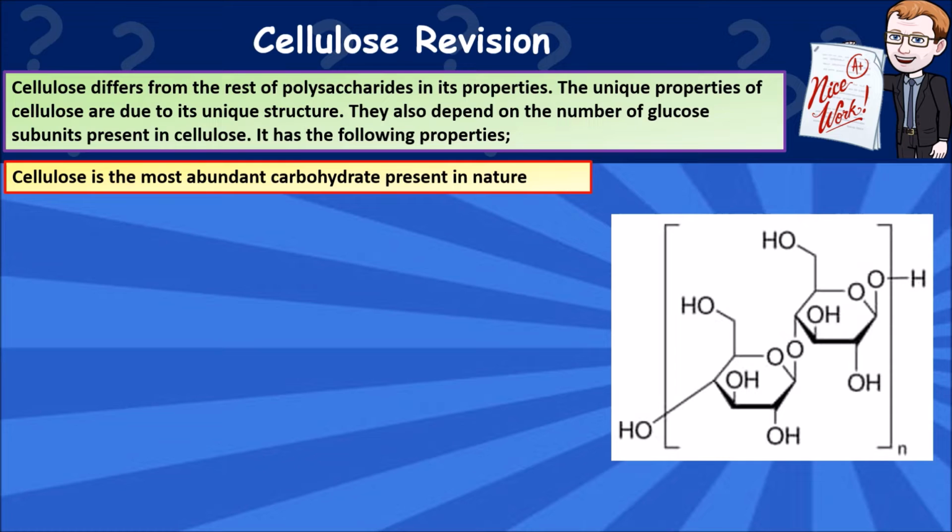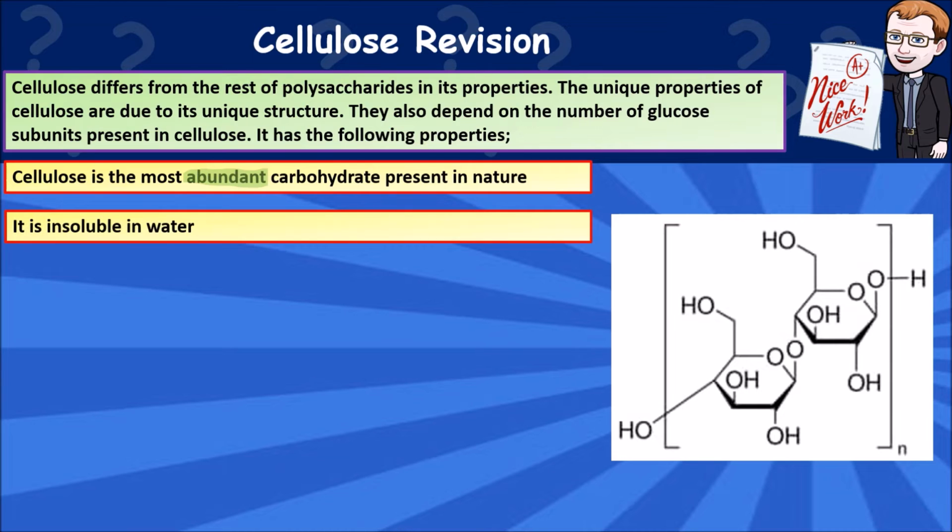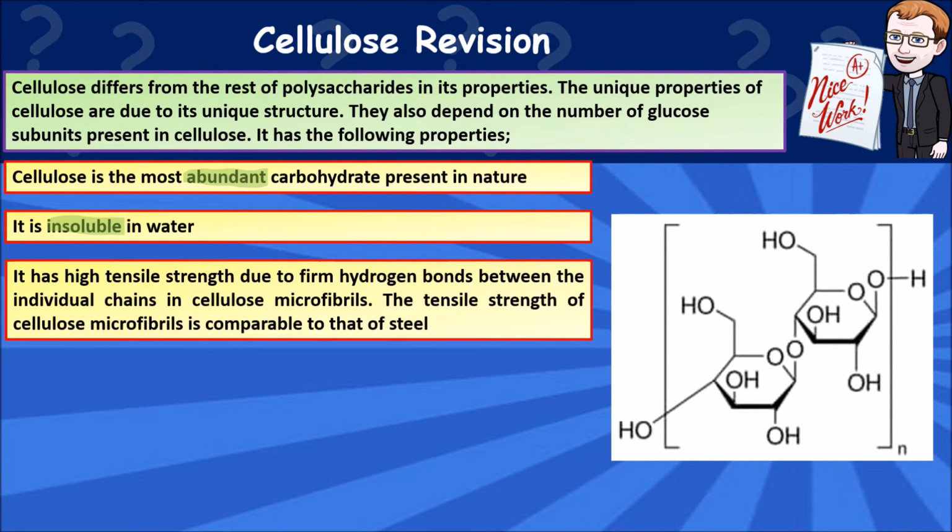Some other key points: cellulose is very abundant in nature in general. It's insoluble in water, which is important. It has a very high tensile strength, because there are lots of hydrogen bonds that hold the strands, or the microfibrils, together.